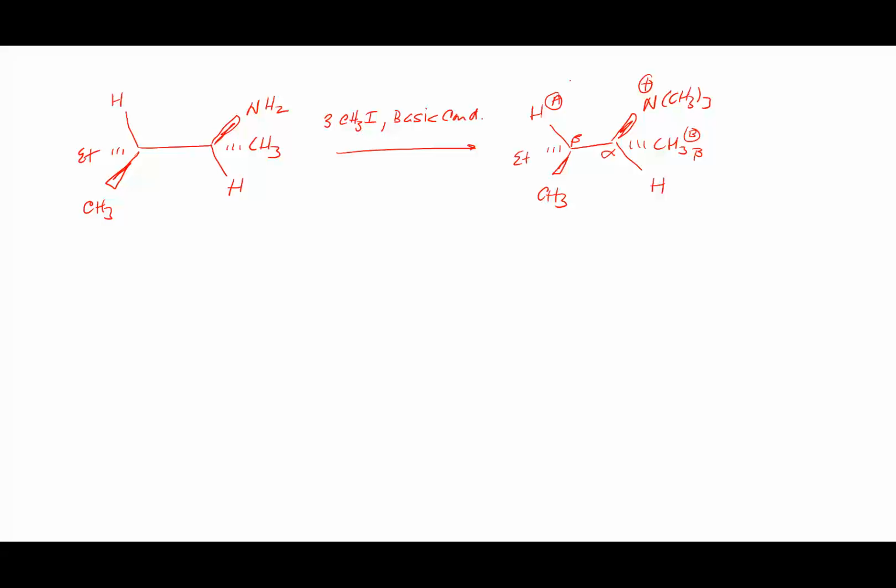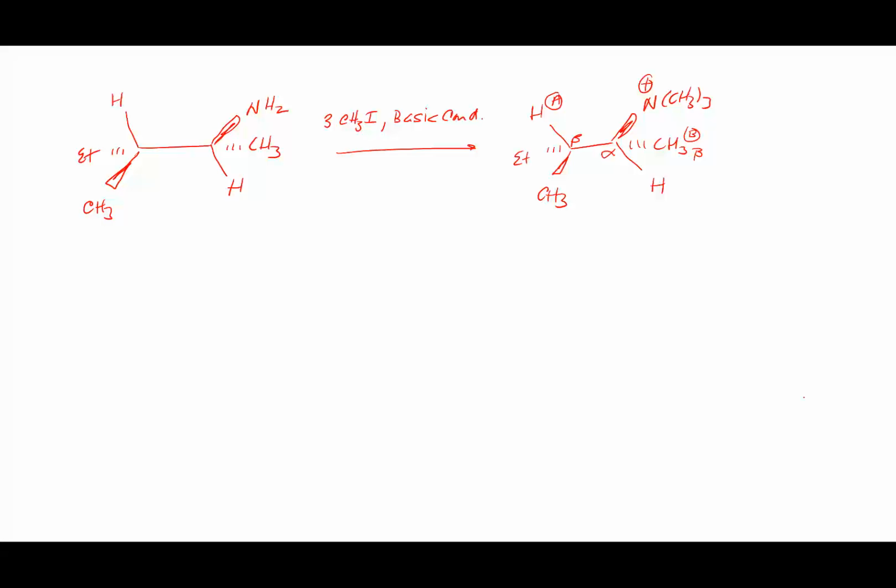Keep going. Right. So what do Hoffman and Cope give you? The least substituted product is the major product. So which one of these beta hydrogens, when you lose it, gives you the least substituted product? B.